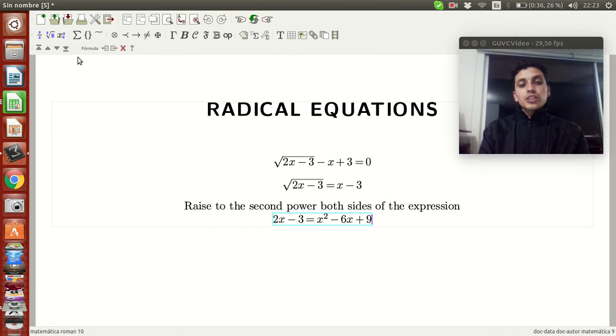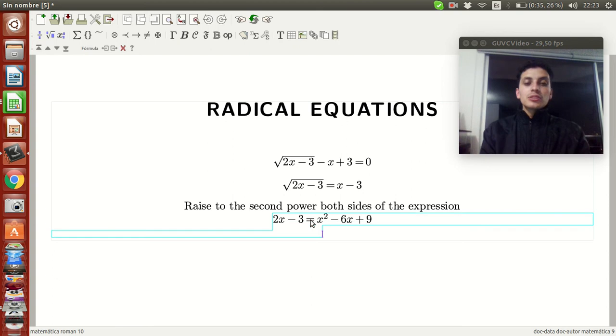Now we have a polynomial equation that is certainly easier to solve.